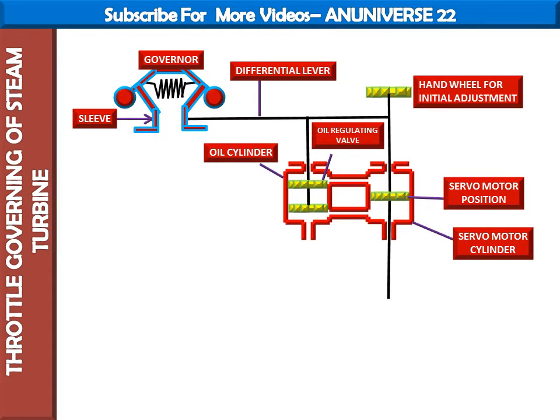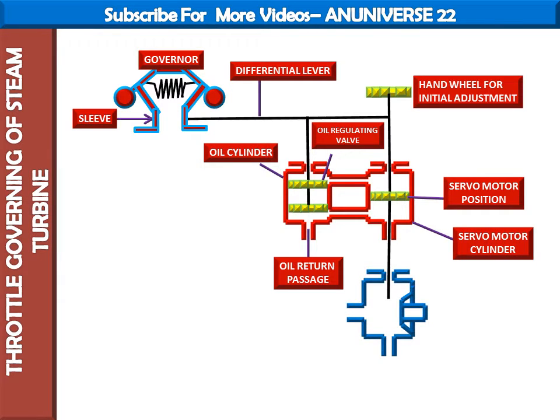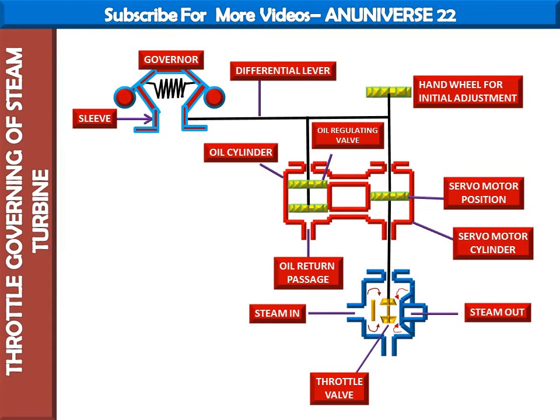This is servo motor position, and this is the passage for oil return. It is throttle valve, and this is the path for steam through which it enters, and from here steam goes out.